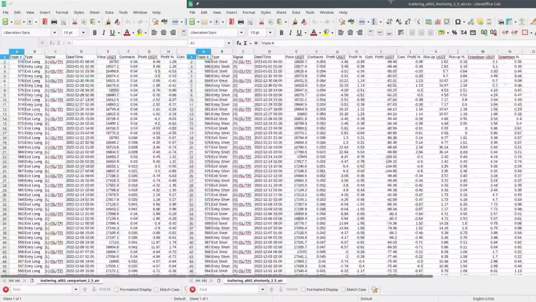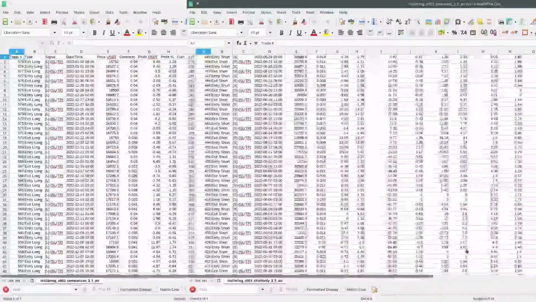So we should have, yeah, you can see how it's not exactly the same trades, but we can play with them and see if they match or not, or whatever, and then fix them if we want to.